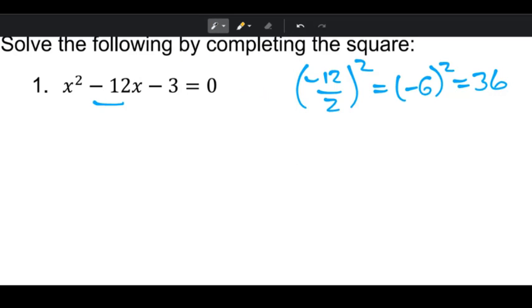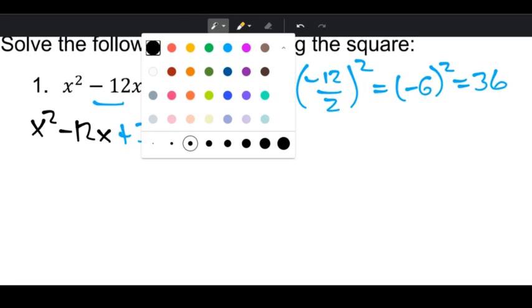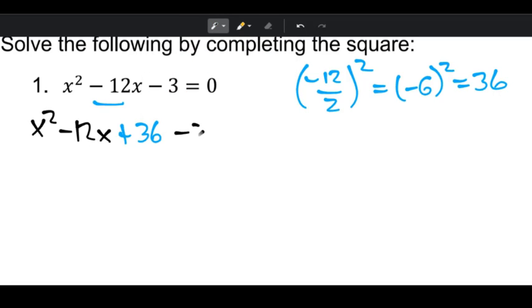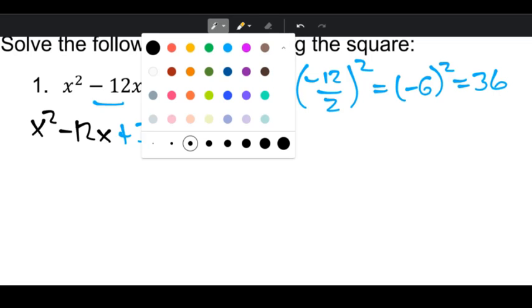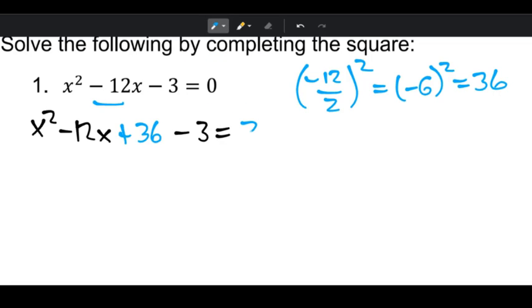So I have an equation here. I'm going to take this missing piece and add it to the left side right after the x terms. Then I had a minus 3 right here still, and this equals 0. Because I have an equation, whatever I add to one side, I have to also add to the other side.